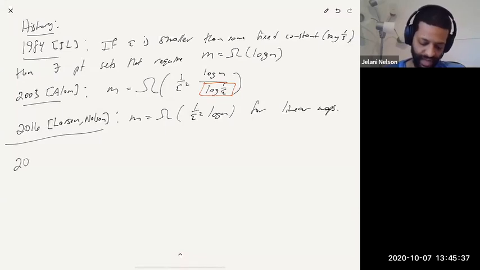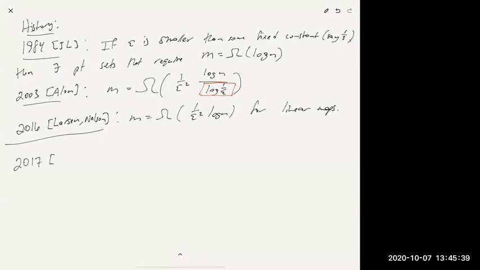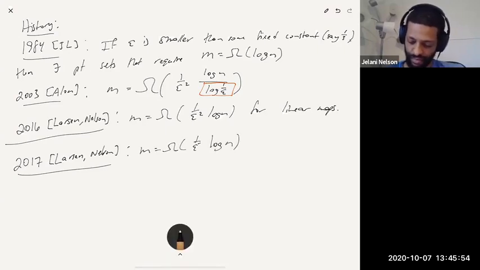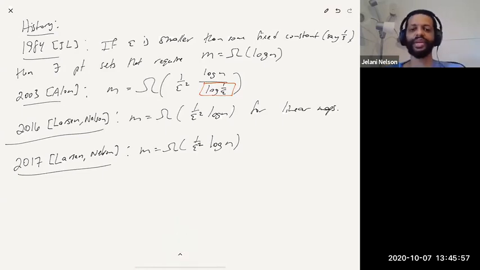And then the thing I'm going to show you today, also with Casper, Green, Larsen, and myself, is that m has to be at least 1 over epsilon squared log n. And this is a lower bound against any map.